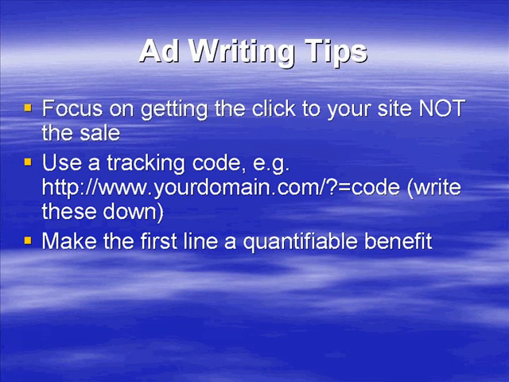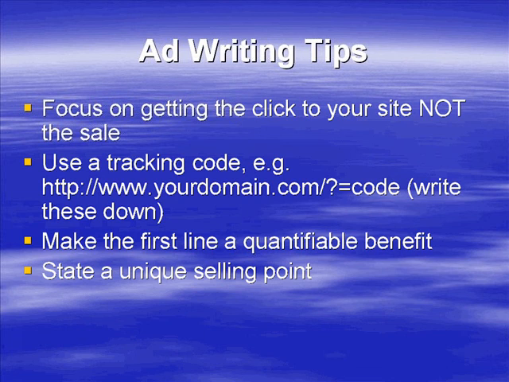When you're writing an advert, make the first line a quantifiable benefit. Lose £7 in 7 days, earn $1,000 in 24 hours, that sort of thing. And also, try and state a unique selling point. Well, what's different about your product? Free 24-part e-course plus 7 deadly sins of weight loss revealed.